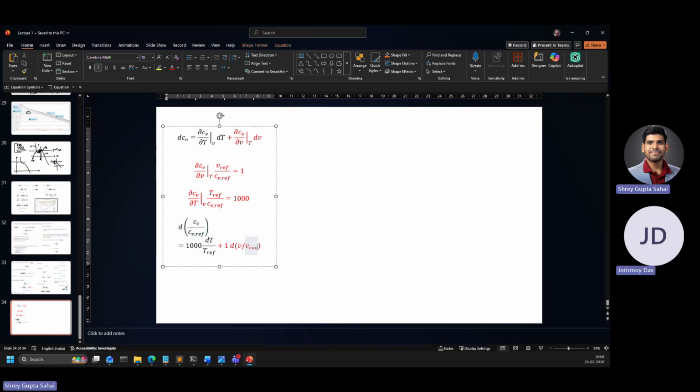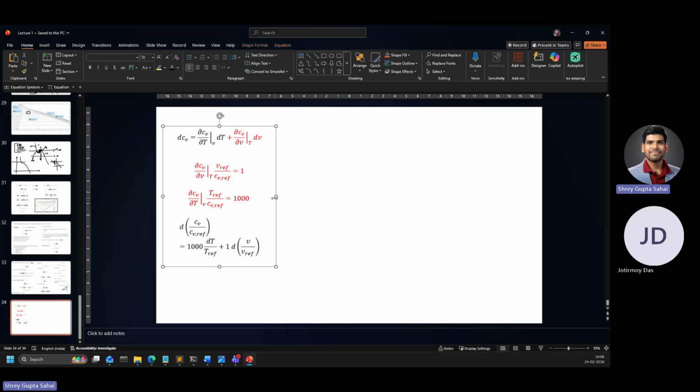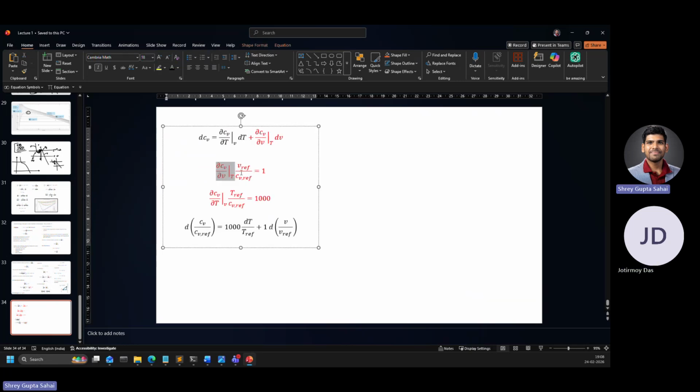Do you see what I have done? Digestible? I've just given it two numbers. That's it. Let's say these are two numbers.